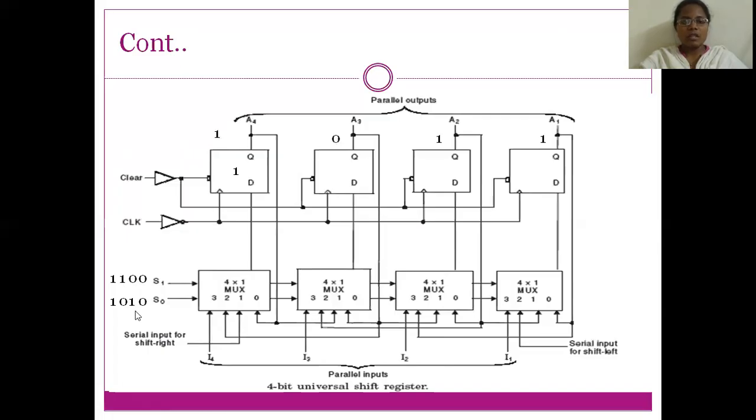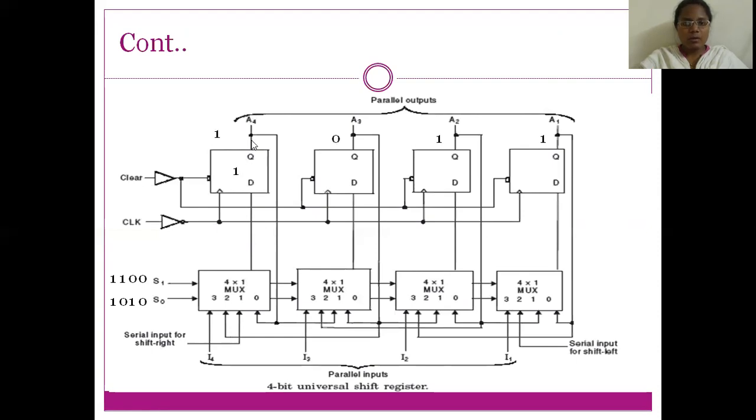Now we'll go with 0 1. If we go with 0 1, then there will be a right shift operation. So if we go with 0 1, this one pin will be selected. This is nothing but the right shift operation. This one will be given to the output and it will be stored here.